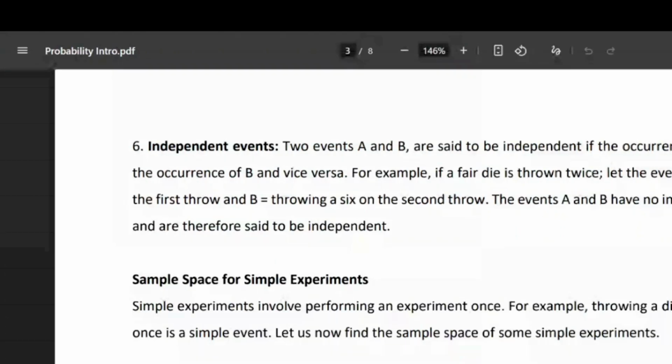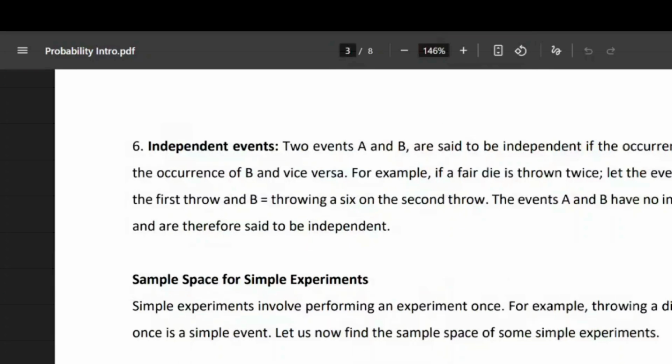Then the total number of balls that are left will be 4, with 1 blue ball and 3 green balls. So if you take 1 blue ball away, the total number of balls becomes 4, and you'll be left with 1 blue and 3 green.